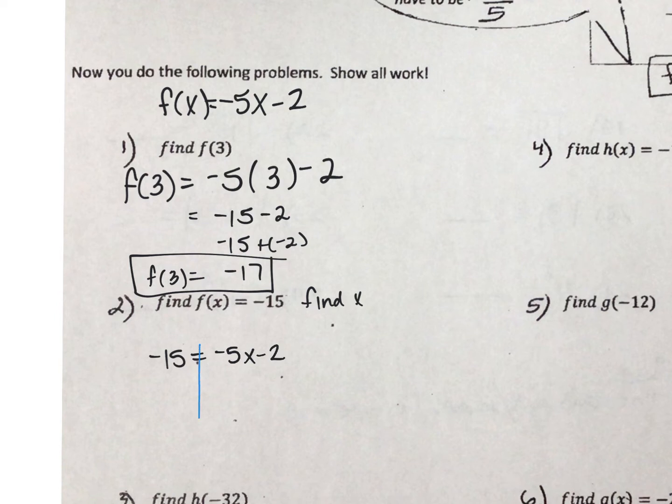So back to solving equations. What am I going to do first? Emily?